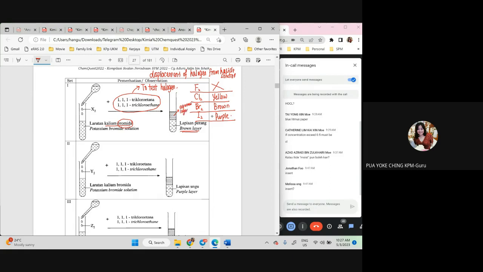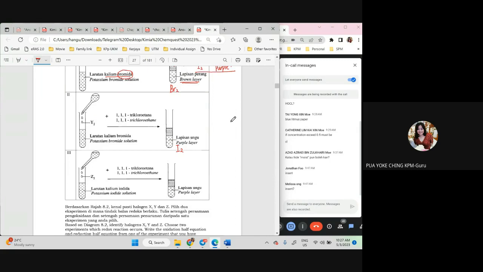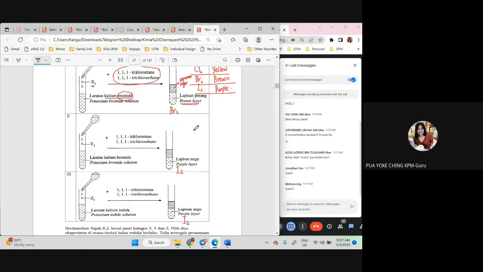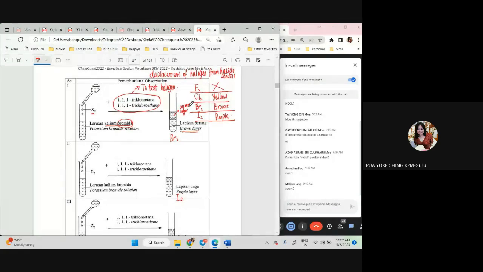Okay, bawah. So, soalan ini sebab you tak tahu apa yang ditambah, so you tak boleh identify depan dulu. Identify belakang. Brown layer, so this is Br2. Purple layer, so this is I2. Bawah ni, purple layer, so this is I2. Okay. You dah identify ni, baru you boleh buat.